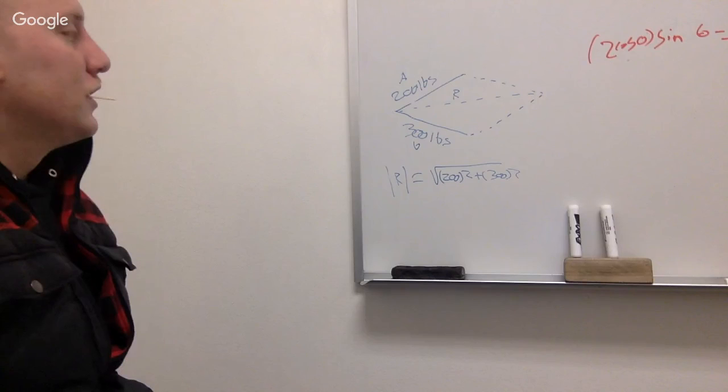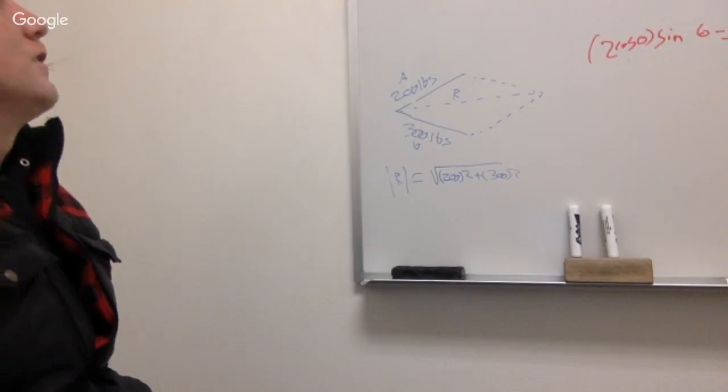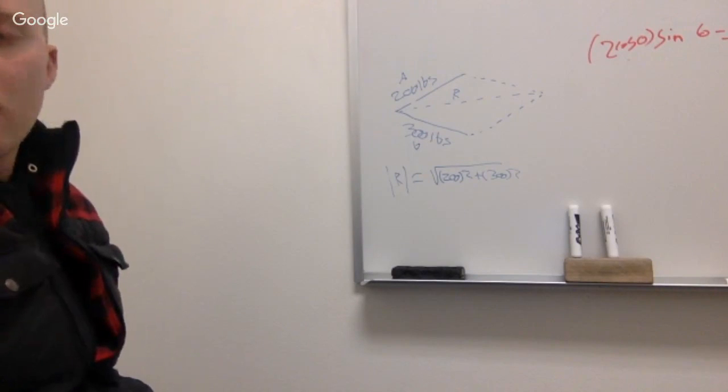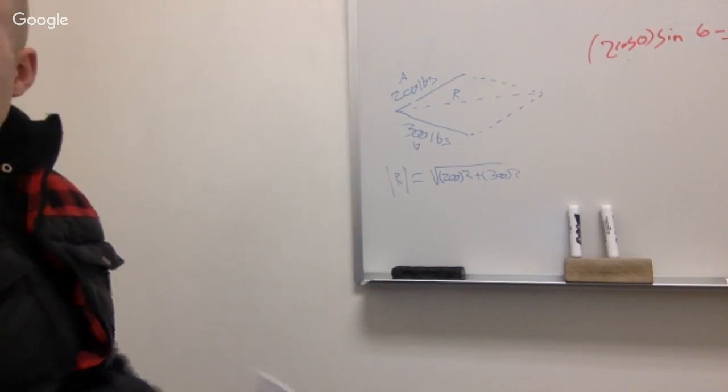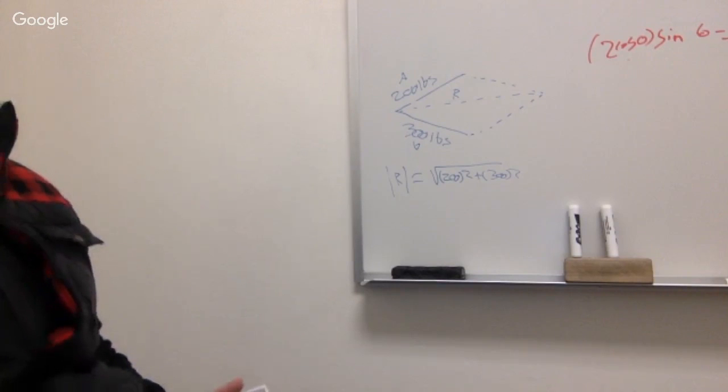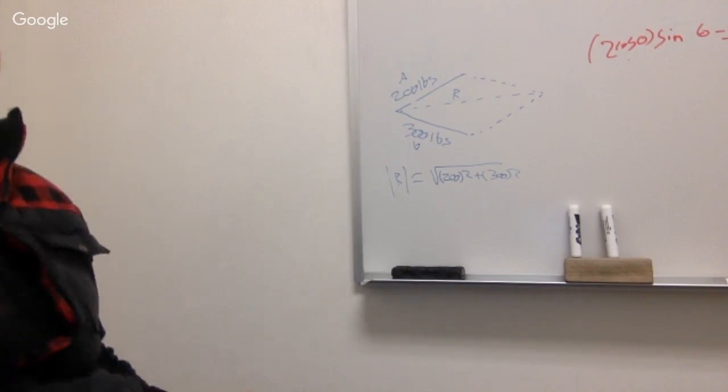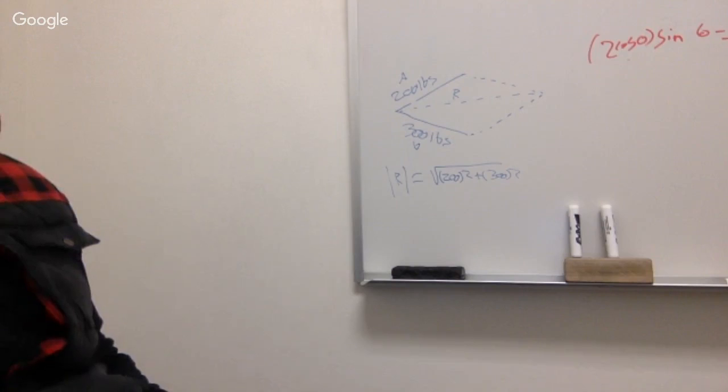So yeah, I don't know how we got that, because to find the angle, we have to have the magnitude. How would you find that?